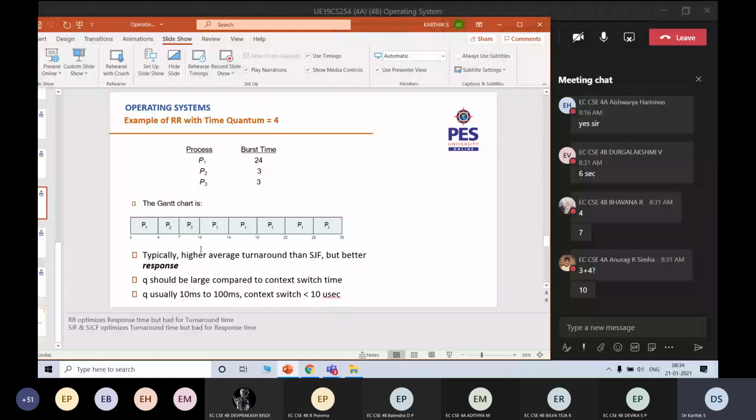As usual, you start with P1, then P2, then P3. Anurag, it is P2 because they all arrived at time 0 and we just go in the same order. So P1 will execute between 0 to 2, P2 between 2 to 4, and P3 between 4 to 6.